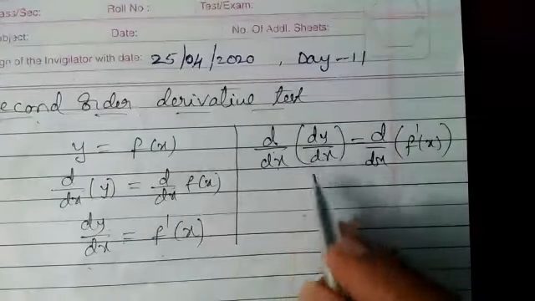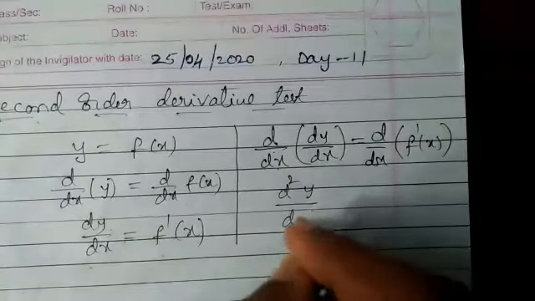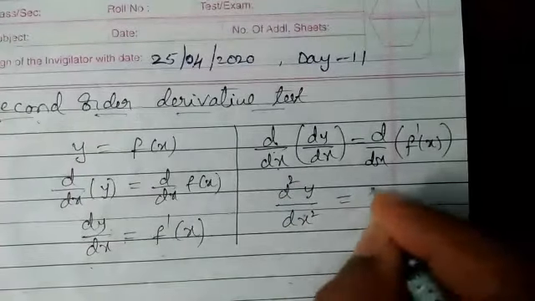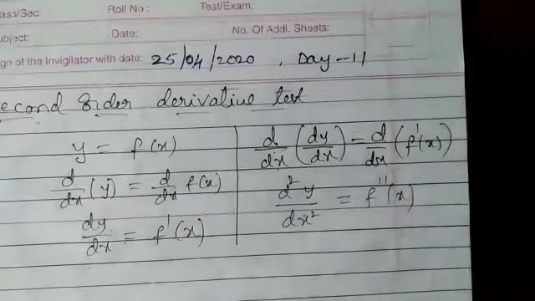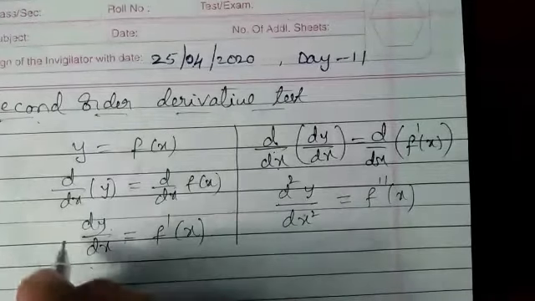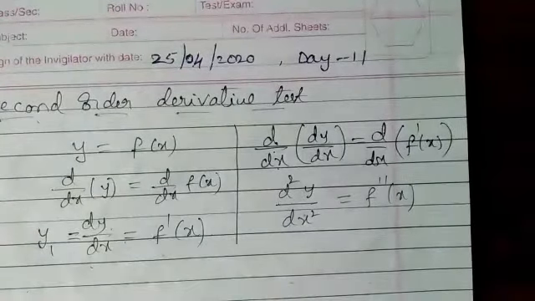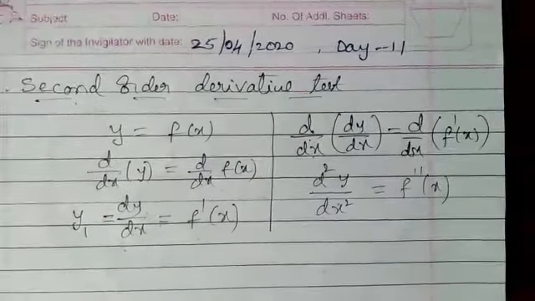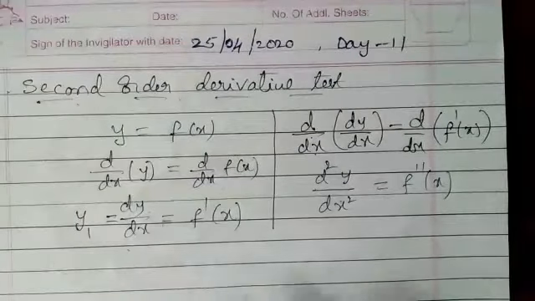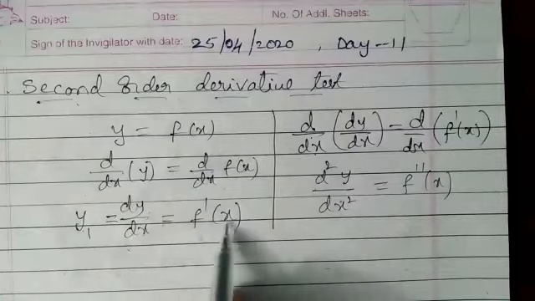D by dx of dy by dx is nothing but d square y by dx square, which is equal to f double dash of x. A single derivative can also be denoted as y1. So y1 is equal to dy by dx is equal to f dash of x.